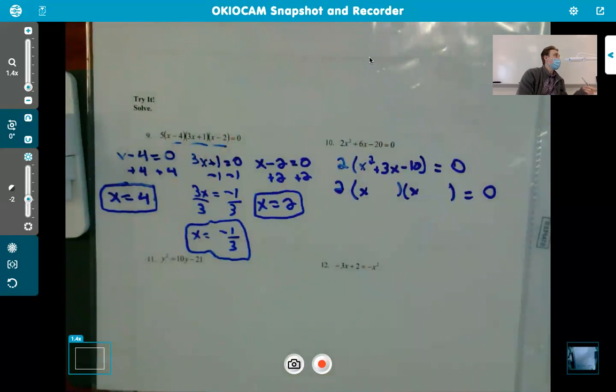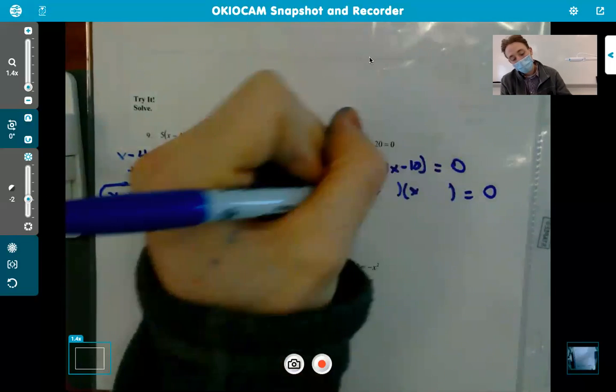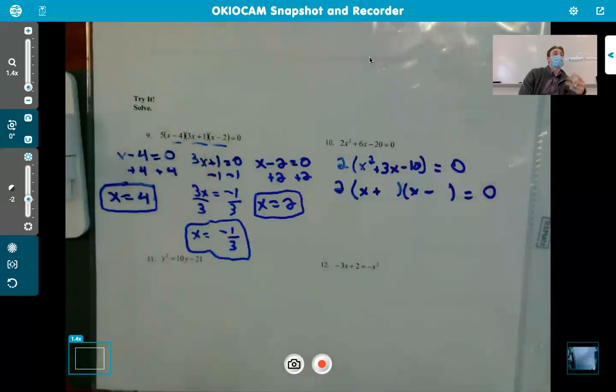Now, one thing that we talked about yesterday that we want to keep in mind is that when we're multiplying to get a negative number, that means I'm going to have a positive number here and a negative number here, right? It doesn't necessarily matter the order, but you know that one of your factors is going to be positive, one has to be negative.